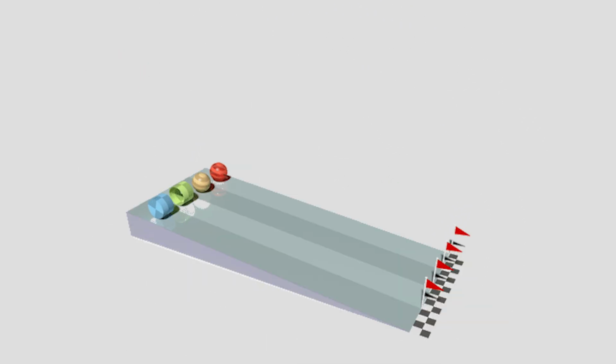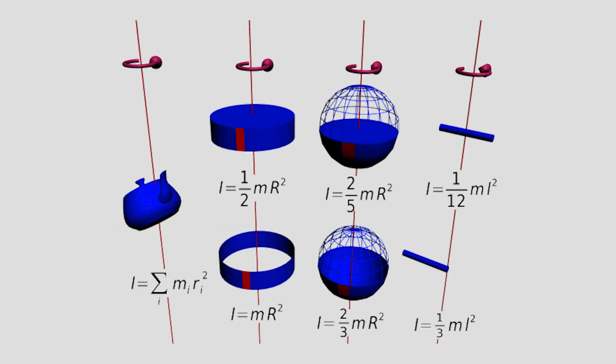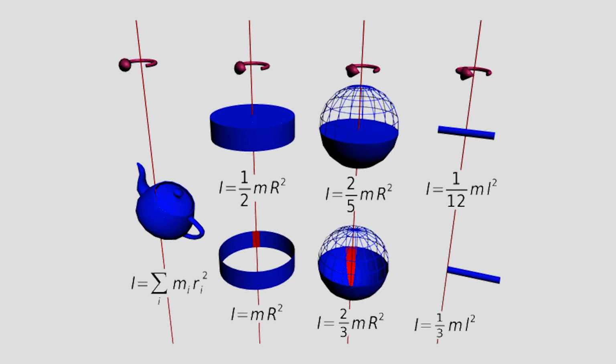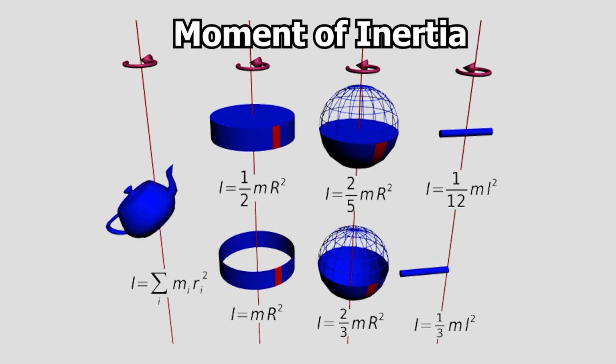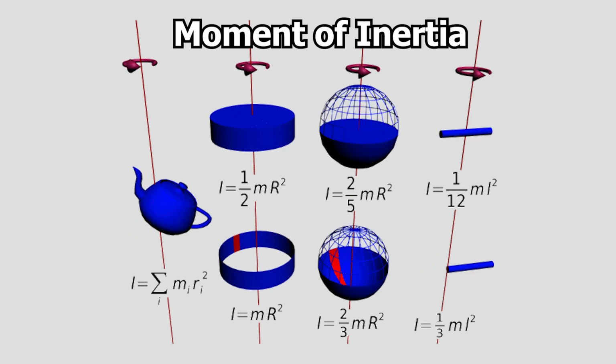Similarly, rotational motion also exhibits resistance to change. This resistance depends on both the mass and shape of the rotating object because the center of mass varies with the shape of the object. The resistance to changes in rotational motion is called the moment of inertia. It depends on how mass is distributed across the object and its shape. Therefore, it is calculated as follows.